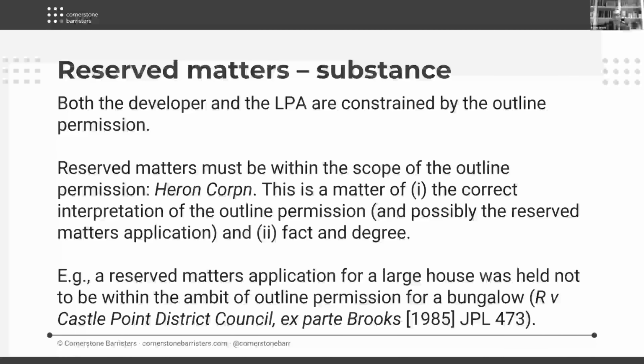And in determining whether an application is or is not within the scope or ambit of the outline permission, you need to interpret the outline permission correctly first. You may need to interpret the application for reserved matters approval. And then it's a question of fact and degree, or planning and judgment, whether or not the application is within the scope of the outline planning permission.